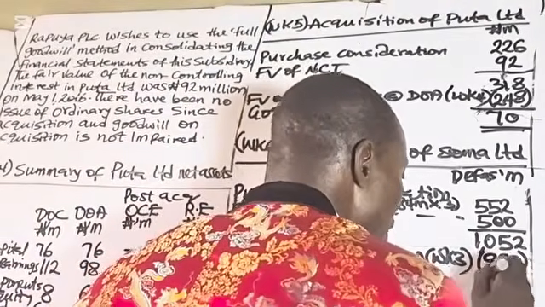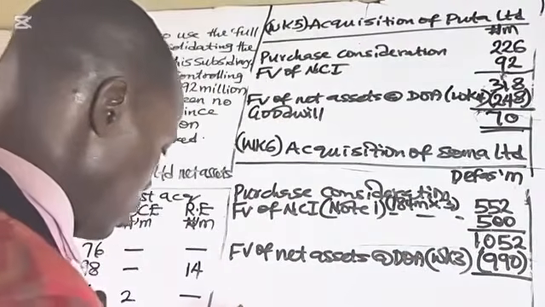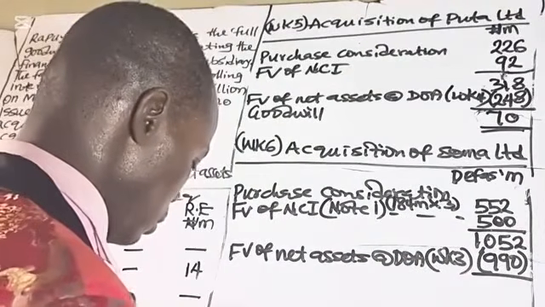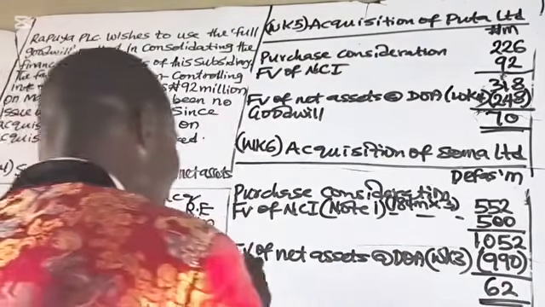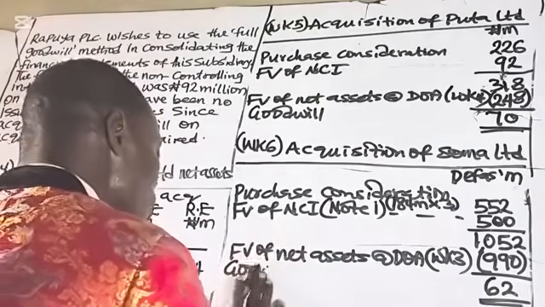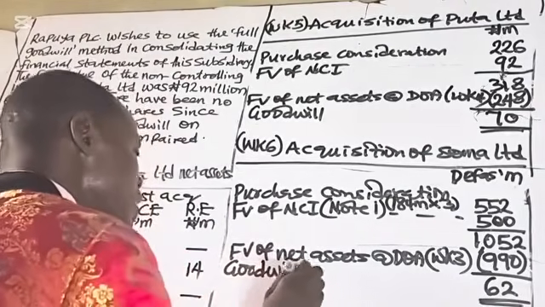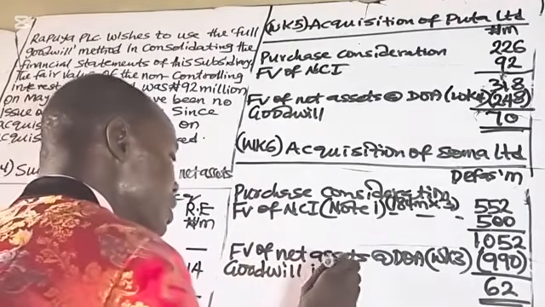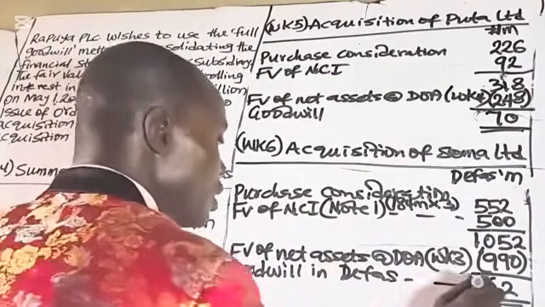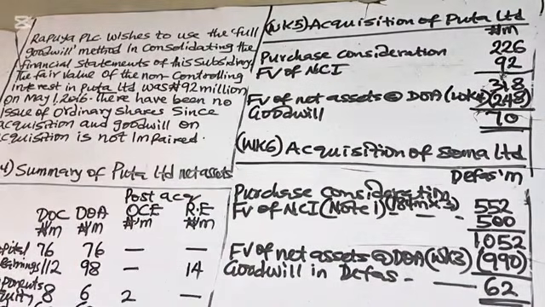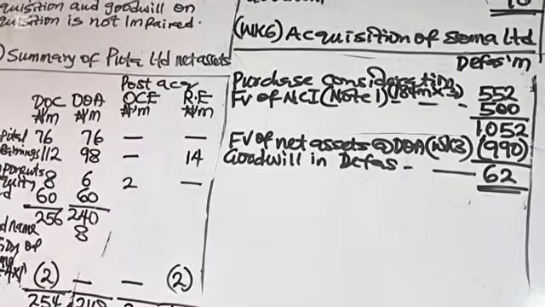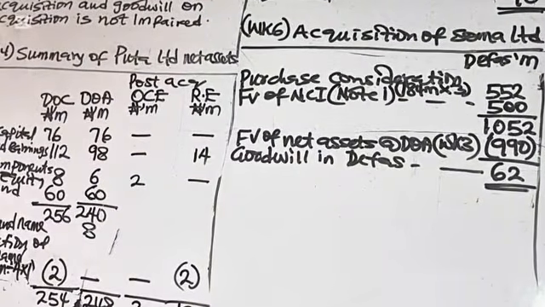If you subtract 990 million from 1,052, then you have the goodwill to be 62 million. This is the goodwill in DEFAS, the goodwill in foreign currency. This goodwill will need to be translated in order to ascertain the exchange gains or loss on goodwill to be included in the consolidated retained earnings.